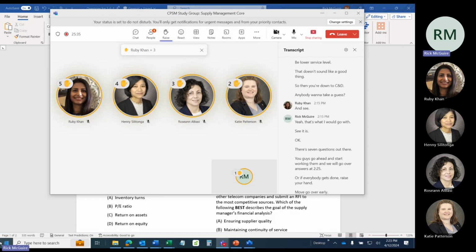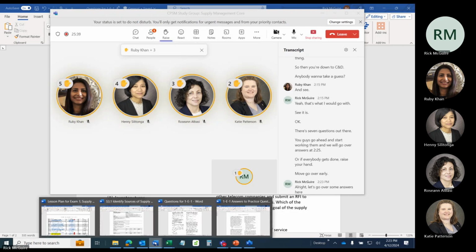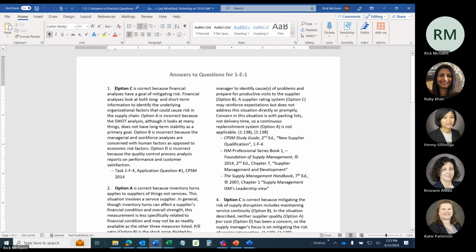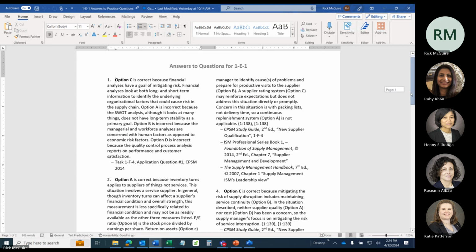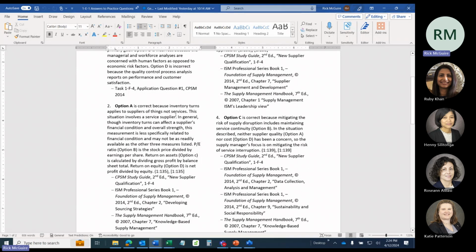All right, let's go over some answers here. Number 1 is Charlie. Financial analysis has the goal of mitigating risk. 2 is Alpha. Inventory turns applies to suppliers of things, not services. This is kind of a crappy question.